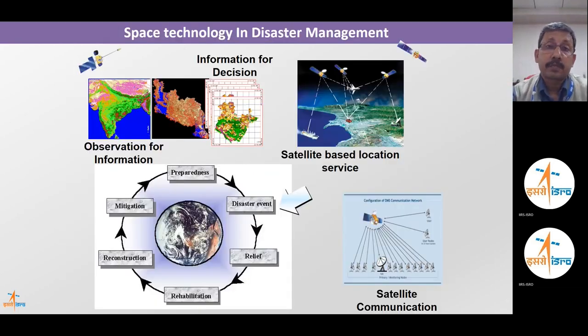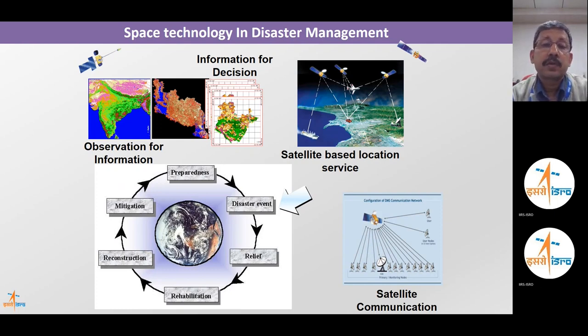So when we talk about space technology in disaster management, first is identification of disaster, where observation from space plays a very important role. In the event of a disaster, we identify the area, the extent, and the location of the disaster through observation.